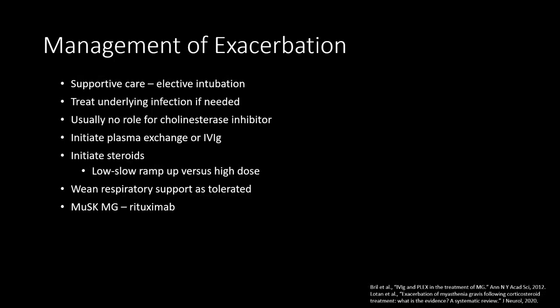And so because plasma exchange can have more complications, some people use IVIG. I was taught that if a patient is very sick, to use plasma exchange, and so that's the way that I tend to lean.